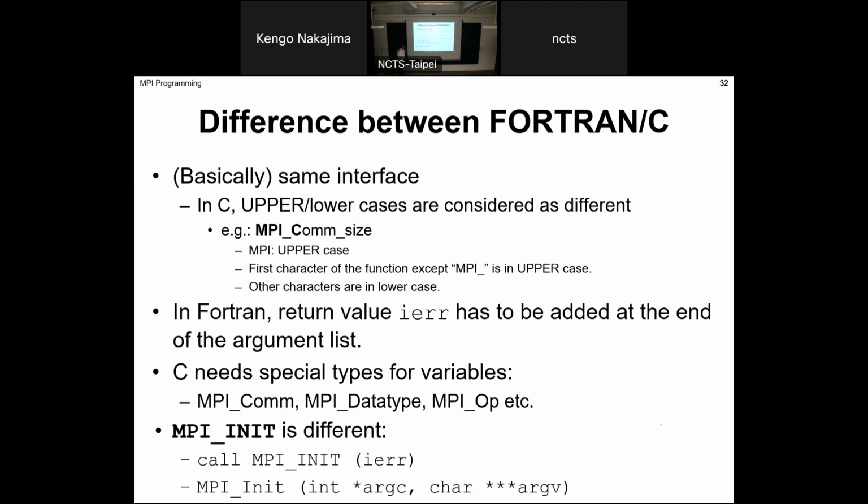C has special types of variables, and actually the current Fortran interface is very close to C, but we have some special variables: MPI_Comm, MPI_Datatype, MPI_Op, etc. And MPI_Init is different. In the case of Fortran, we have only the error code. But in the case of C, please specify these two every time. So that's the difference.